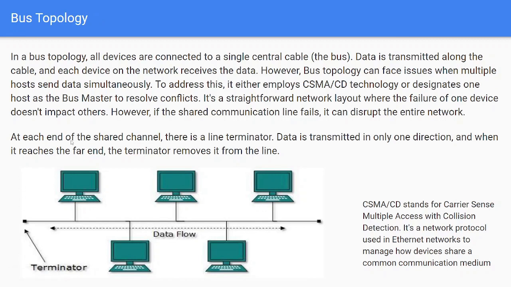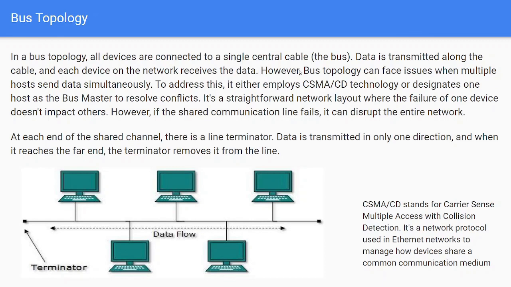To address this, what happens? It employs the CSMA/CD technology, and CSMA/CD stands for Carrier Sense Multiple Access with Collision Detection. Basically, it is a network protocol used in Ethernet networks to manage how devices share a common communication medium.